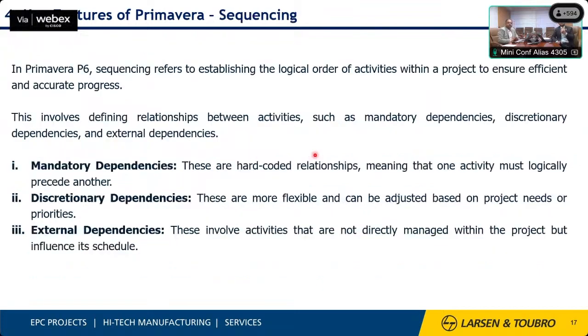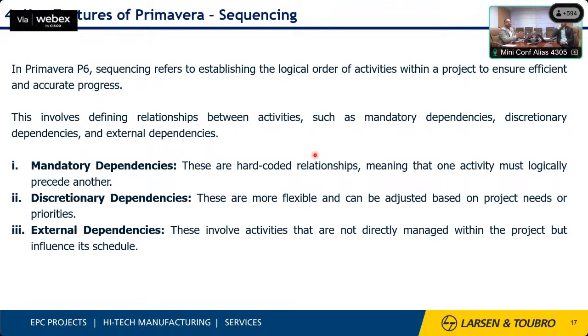Now, once we do the activity and task related items, we have to link them with sequencing. The sequencing dependencies are mainly of three types: mandatory, discretionary, and external. The mandatory dependency is, for example, that after the foundation, the column is going to start.